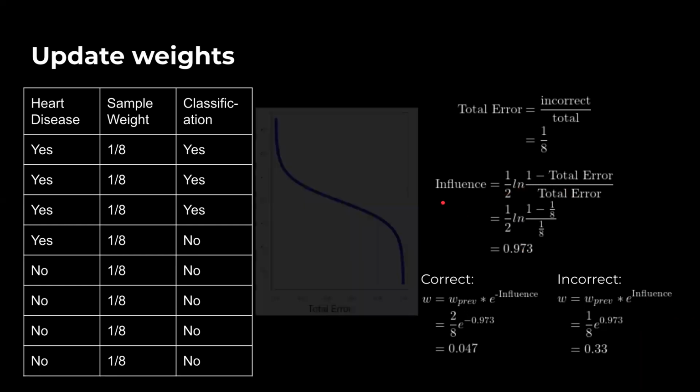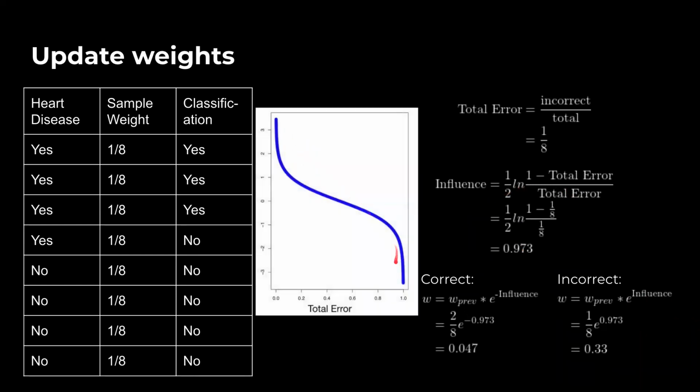But we can plot a graph of influence versus total error. So here we have total error on the x-axis and influence on the y-axis. You can see that as total error decreases, aka goes closer to 0, the influence is much higher. Whereas when the total error is much larger, the influence is smaller and even negative, right?